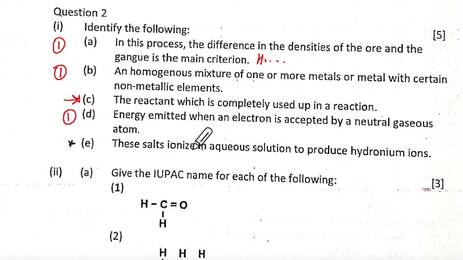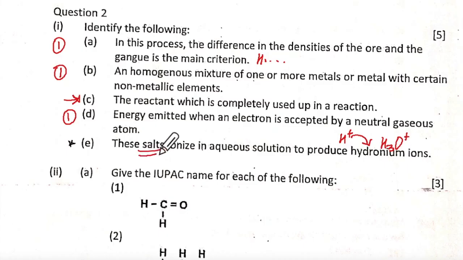These salts ionize in aqueous solution to produce hydronium ion. They must have H+, only then can they produce this. That means it's an acid? No, one minute. The hydronium ion is H3O+.